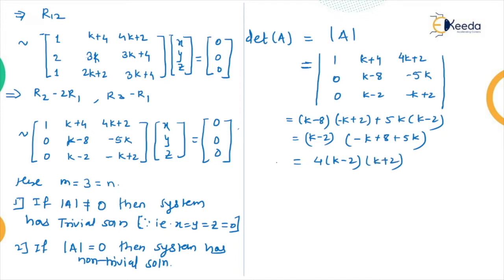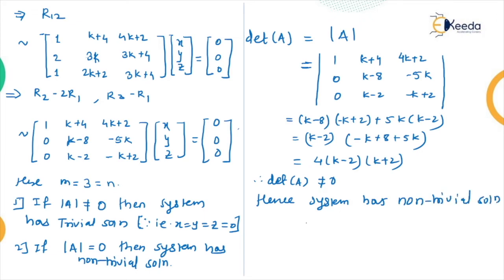So the determinant of A is not equal to 0. And if this is not equal to 0, then it has a non-trivial solution. Hence the system has a non-trivial solution.